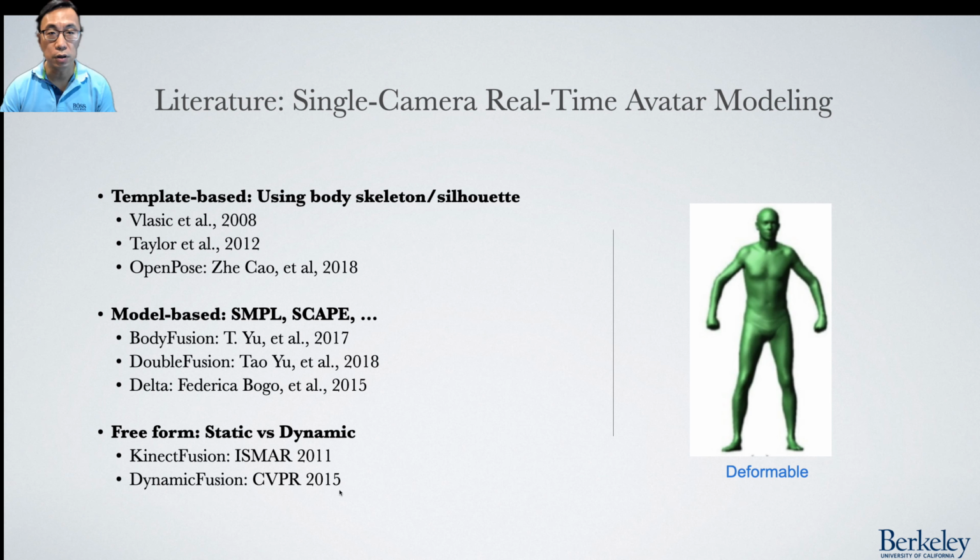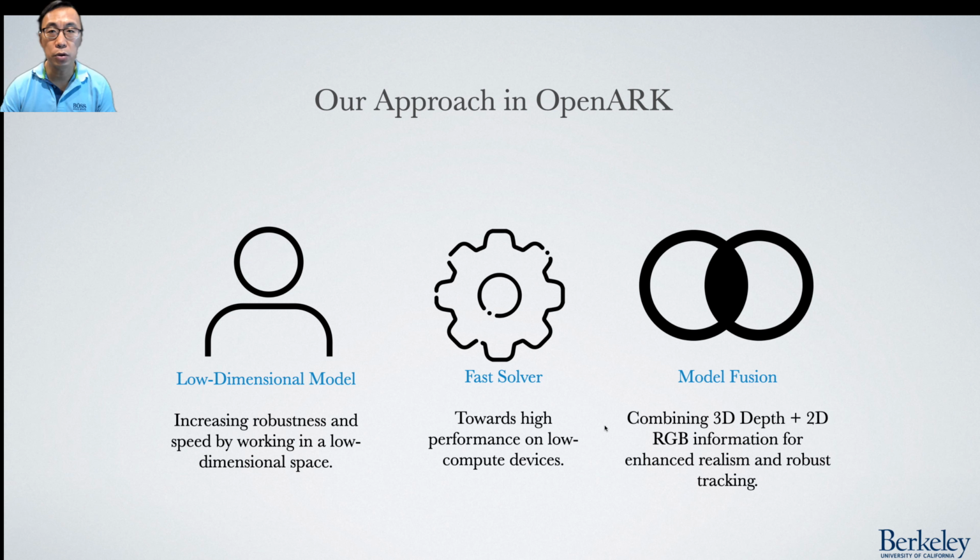In OpenARK, we have chosen a hybrid model aiming for extracting a low-dimensional model, a fast solver, and model fusion. Using low-dimensional models increases estimation robustness and speed by working in a low-dimensional space.